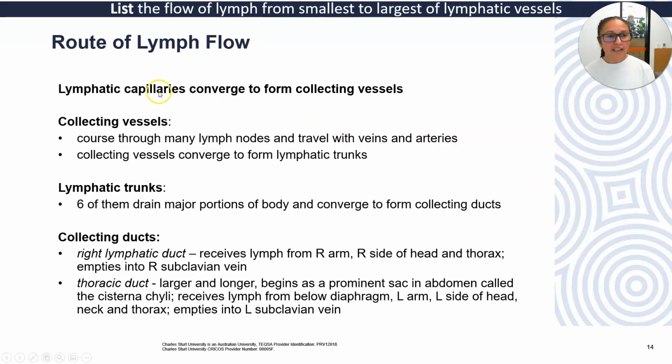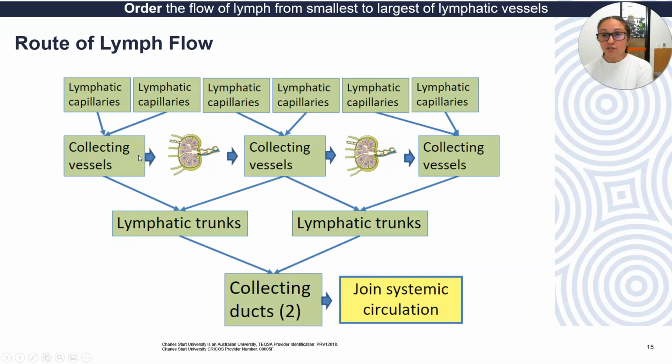So we have the little capillaries, and then they make bigger vessels, and then they make trunks, and then we've got these big collecting ducts, which we saw just now. So this is a really good picture to show you how it kind of works. You've got the little capillaries. Now, when we are collecting lymph through the vessels and into the trunks, we go through nodes, lymph nodes. And then we end up in the trunks and then in the ducts.